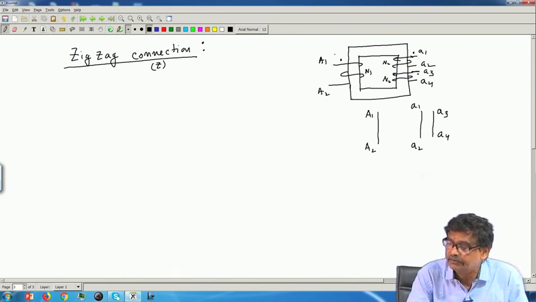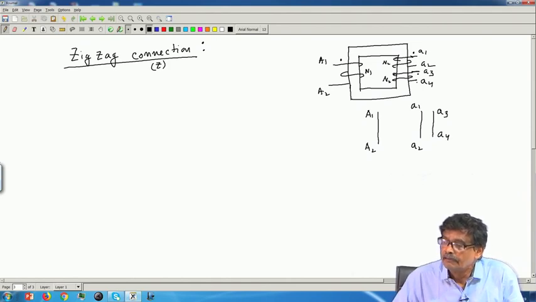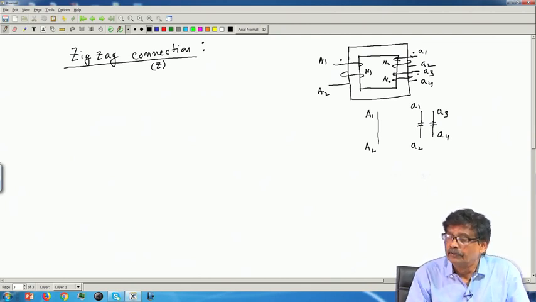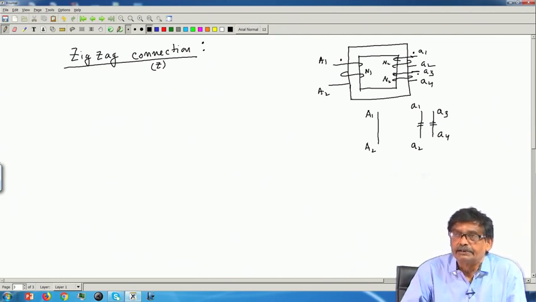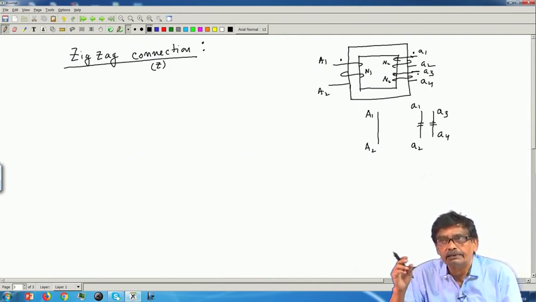If you excite it with some voltage, then the same voltages will be induced, and these lengths will be equal. Therefore, to carry out zigzag connection, we must have for each phase two identical secondaries.